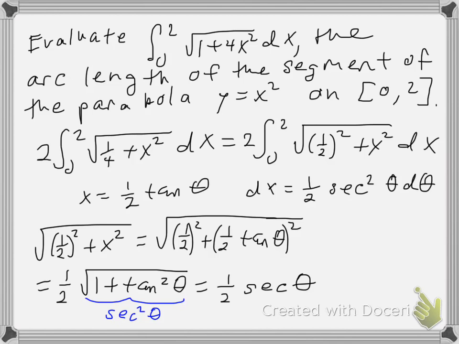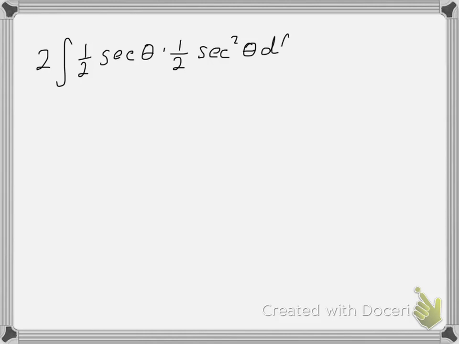So let's see what this becomes. This is going to be 2 times the integral of 1/2 secant of theta times 1/2 secant squared of theta d theta.